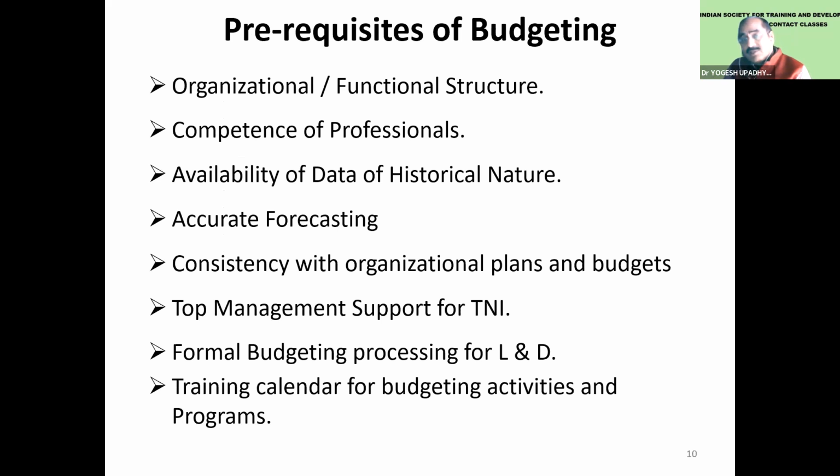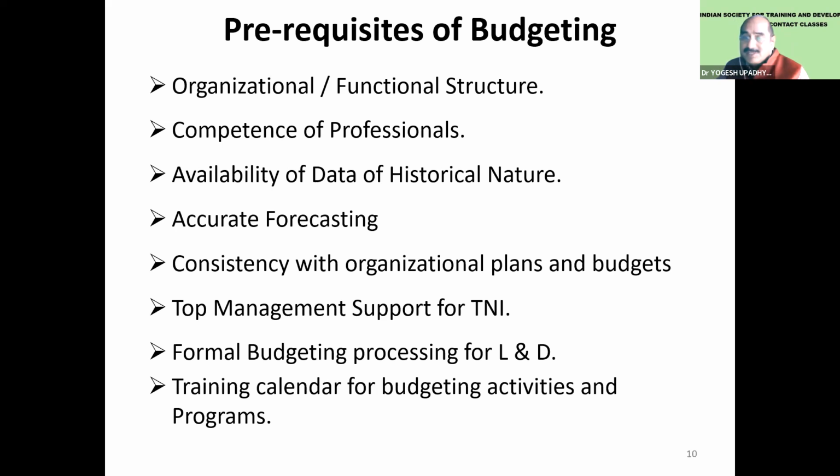Now, prerequisites. What should be the characteristics or what should be a component of a budget, so that it is a wonderful budget and giving you good output? So, organizational and functional structure. Organizational means who will put up what and who will be the competent authority to approve.